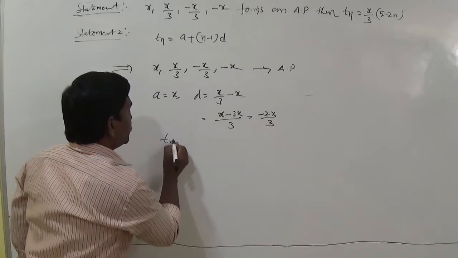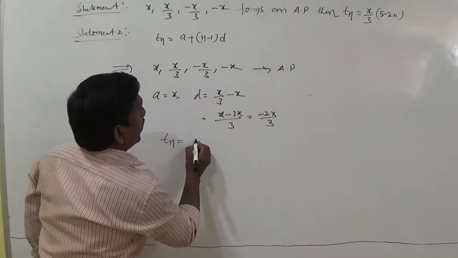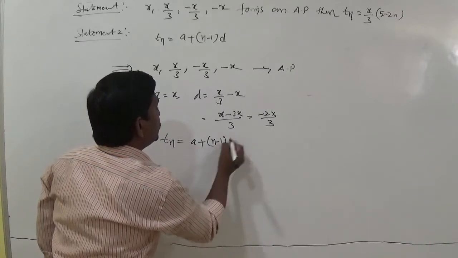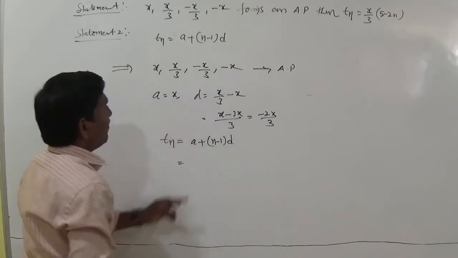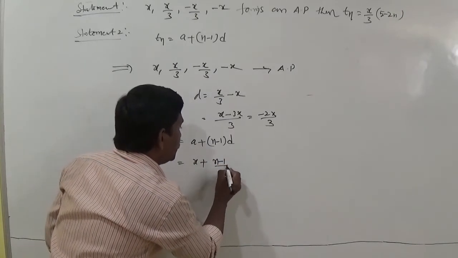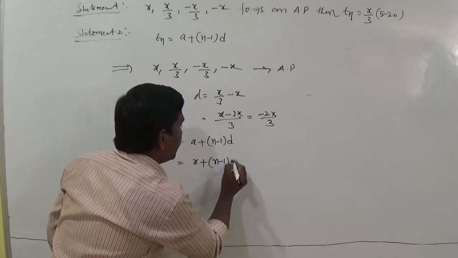Then Tn equal to a plus n minus 1 into d. Substitute a value x plus n minus 1 into d value. What is the d value?